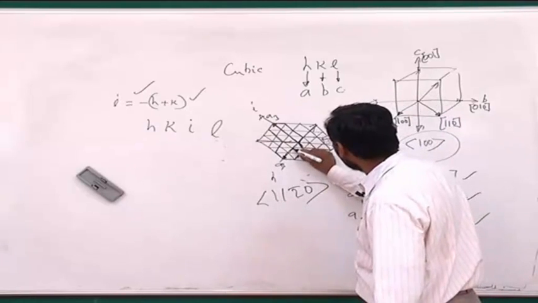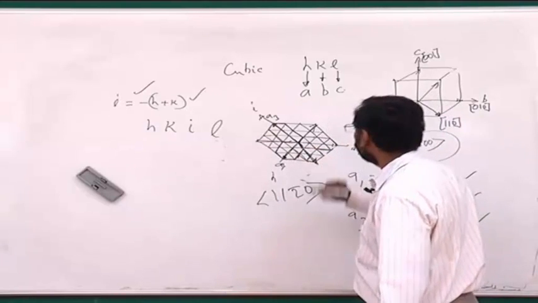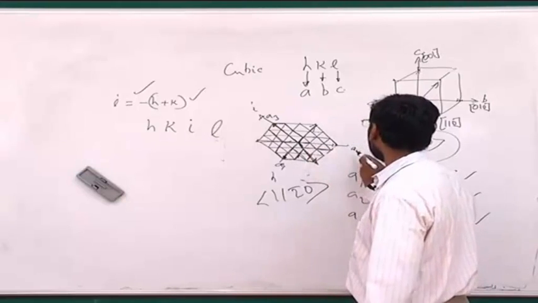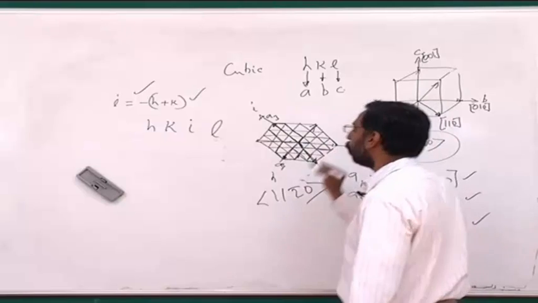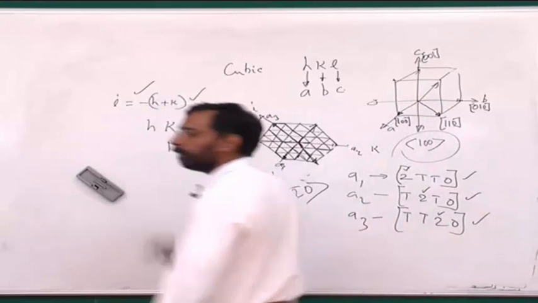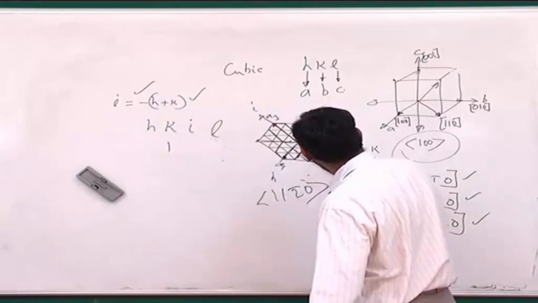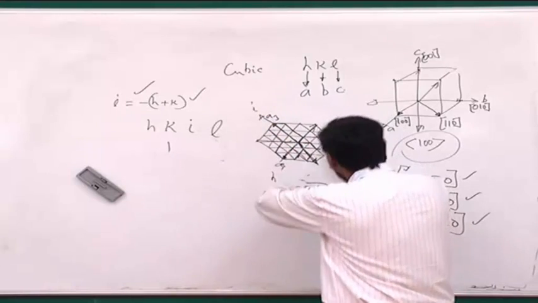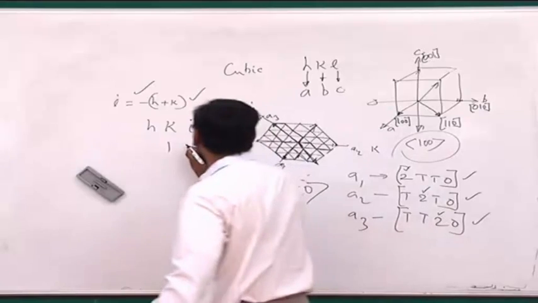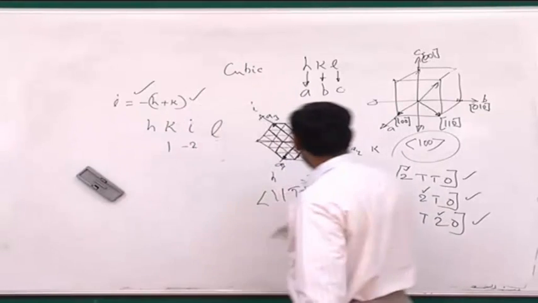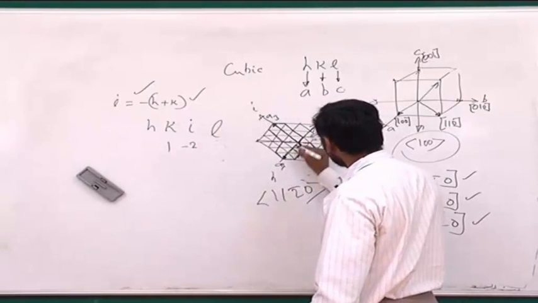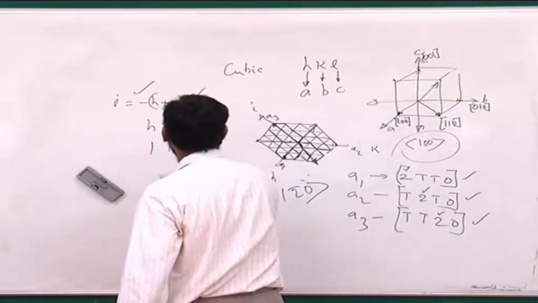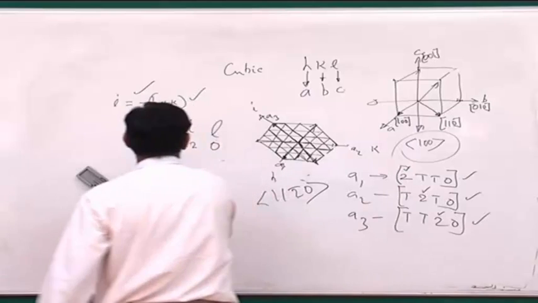I can also do the same thing in this direction. So if I start in this direction, move in this direction 1, that is A2 positive 1. So A2 is K, that is 1. And this is the negative of A3, negative direction, 2 of it. So this is minus 2. And this one is positive in the A1 direction by 1. So this is 1, 1, bar 2, 0.